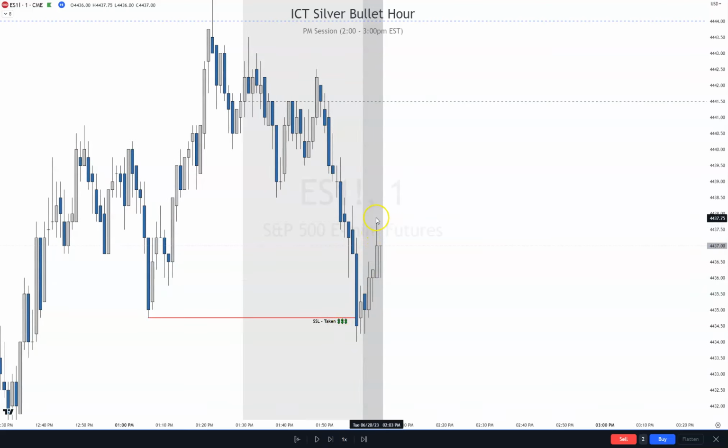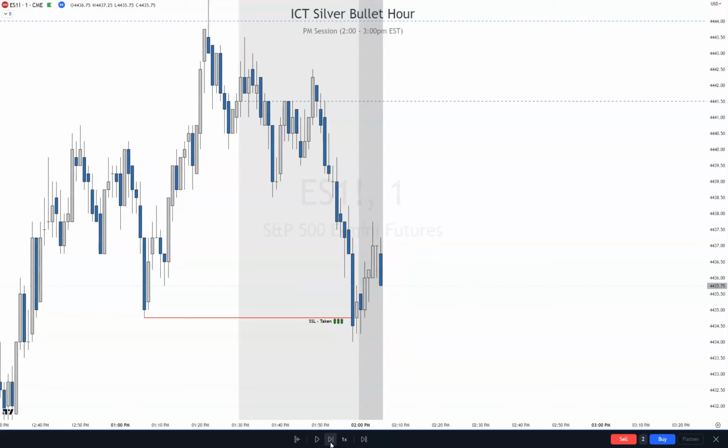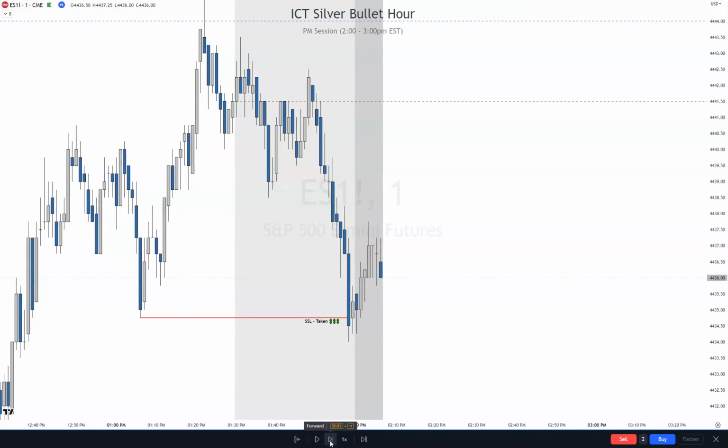Okay, so we do have a swing high right here. See if it takes out the swing low here. Let's see what we get here. 2 dojis, so you've already got a volume imbalance right here. You got another volume imbalance, so 2 volume imbalances right here. So let's see.